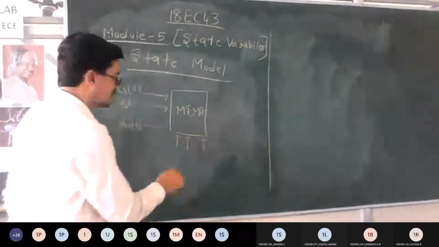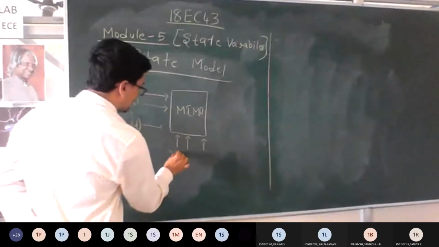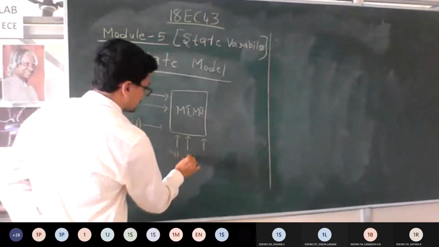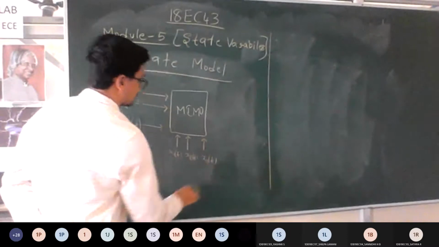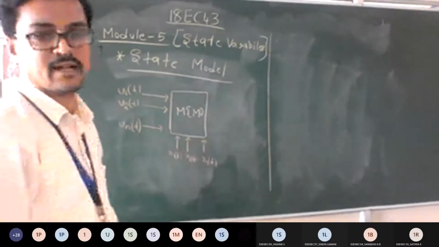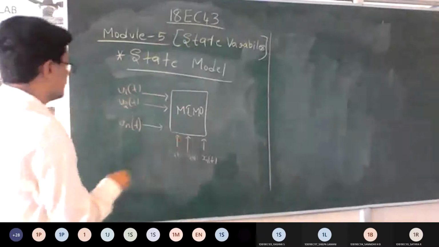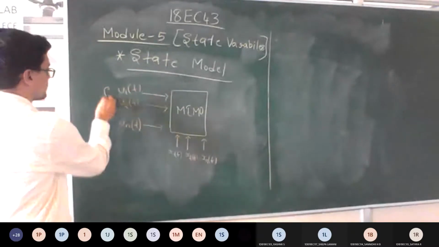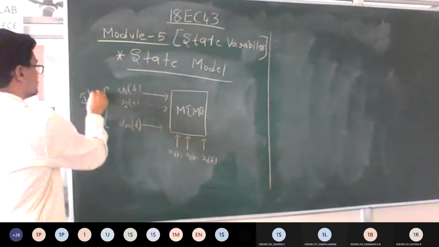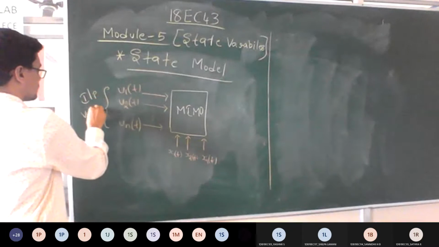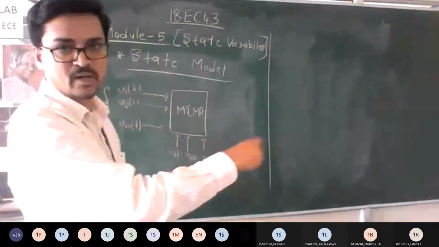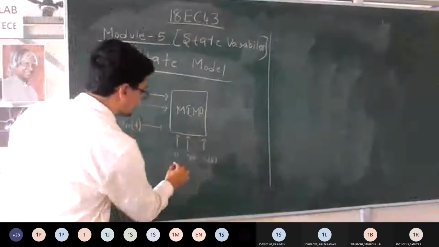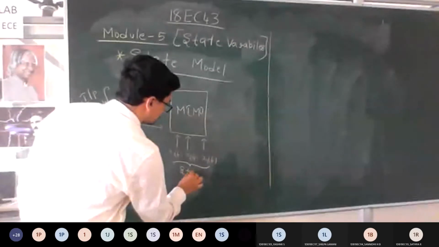The corresponding state variables are given as x1 of t, x2 of t, so on till xn of t. Is it visible what I am writing? What I wrote, u1, u2, represents input variables, and this x1, x2, so on xn, represents state variables.